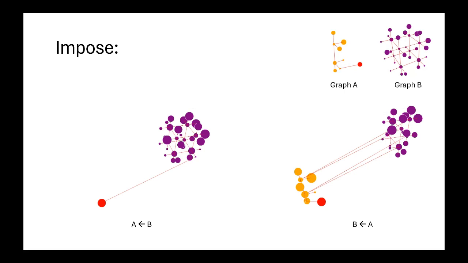Now, impose. Again, the order of imposition is important. So if I am imposing B on A, as you can see here on the left side, all the vertices of B stay exactly the same, but the ones that are common basically connect to the ones that are not common. So you're imposing, but you are also establishing the correct relationships.